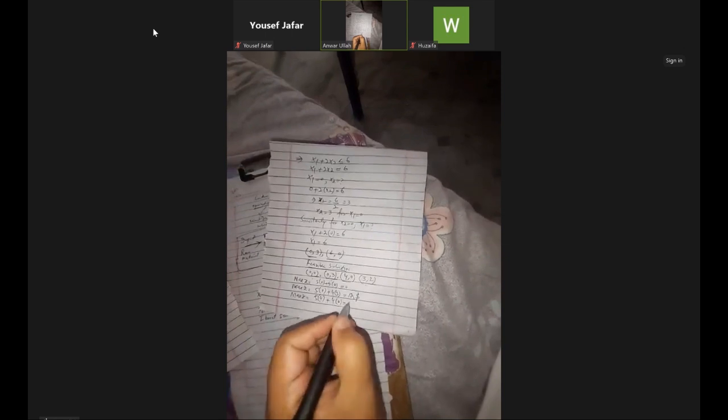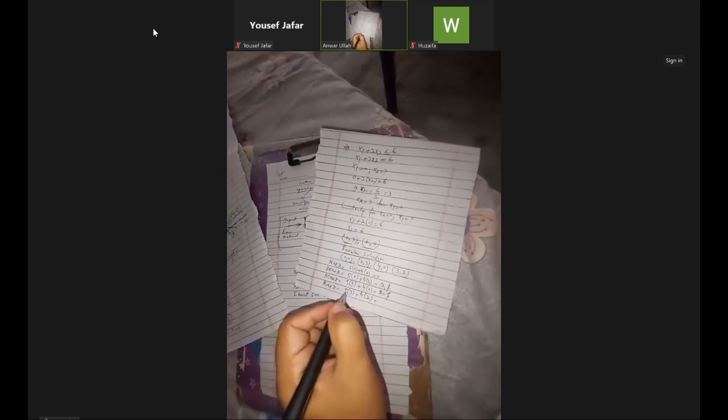Now for the second one, we have maximum z is equal to 5 into 0 plus 4 into 3. So it will give us $12,000. For the third one, maximum z is equal to 5 into 4 plus 4 into 0. It is giving us $20,000.